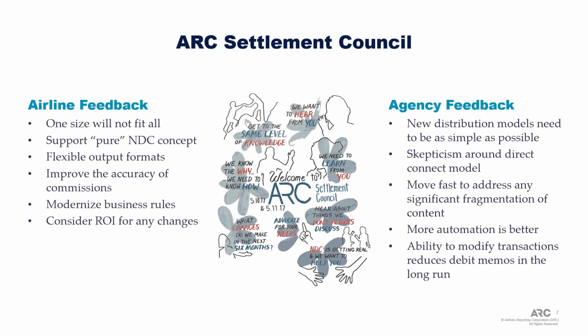We had a press release and several postings, and that was part of the feedback we got from the airline community: not everyone is implementing NDC in the same way. And so it's important for ARC to have a variety of options to allow carriers to stay with the traditional method as long as they want, and progress along what we call a continuum, which we'll get into a little bit more.